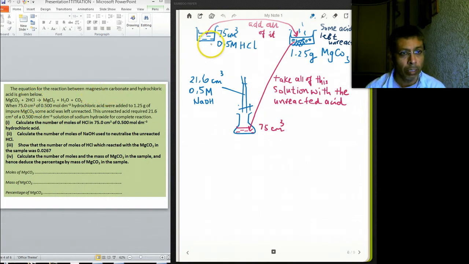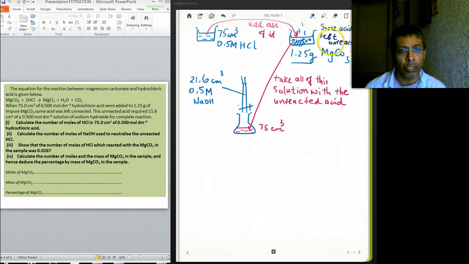We're adding hydrochloric acid, 75 centimeters cubed of 0.5 moles per decimeter cubed, to our impure magnesium carbonate, and they're telling us that there is a 1.25 gram mass of that.